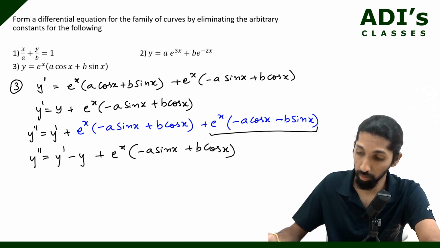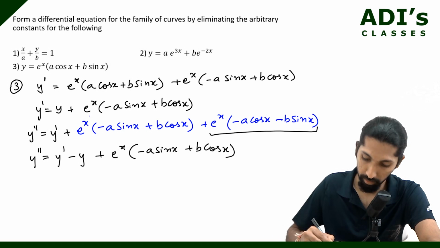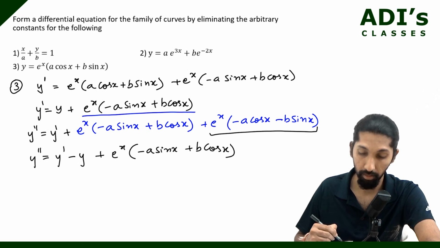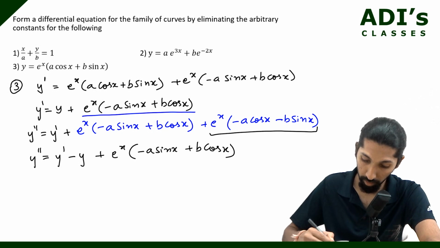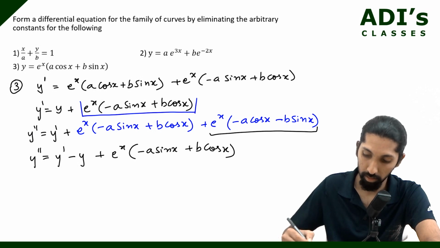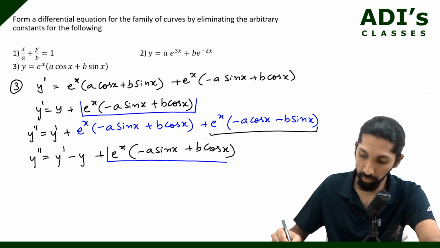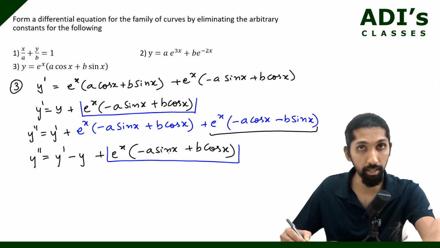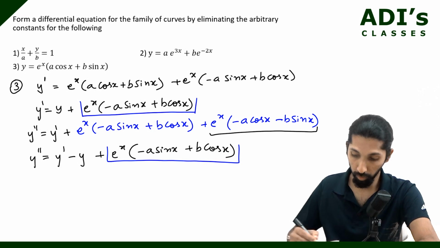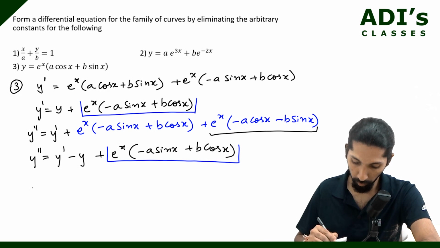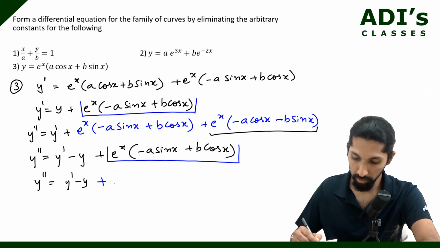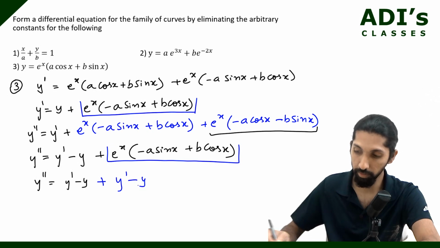Now what we'll do is, we can use this one. See here, that's nothing but y dash minus y, isn't it? So if you look at this one, that's basically this particular value. So can we write this as y dash minus y? So what we get now is y double dash is equal to y dash minus y plus y dash minus y.